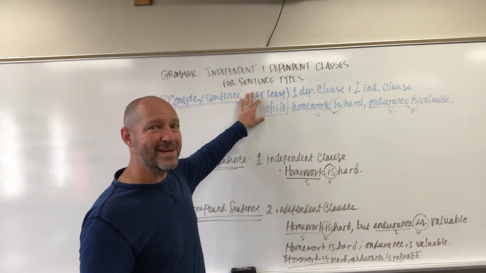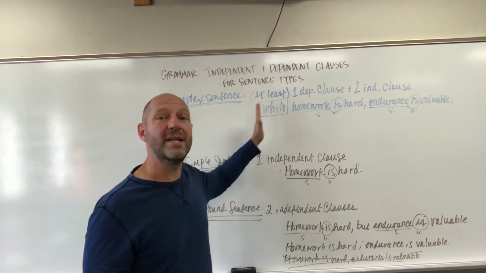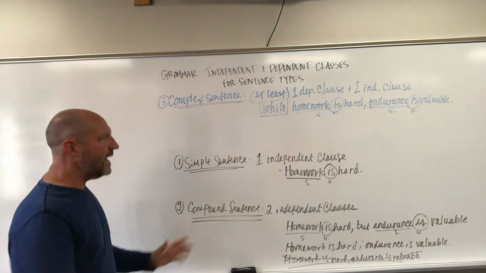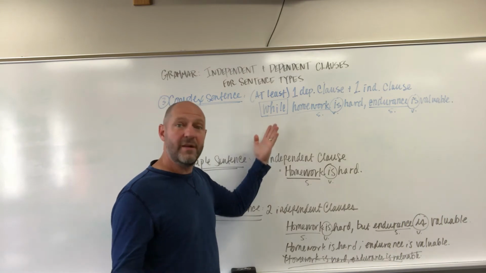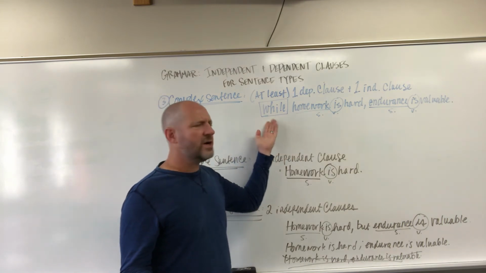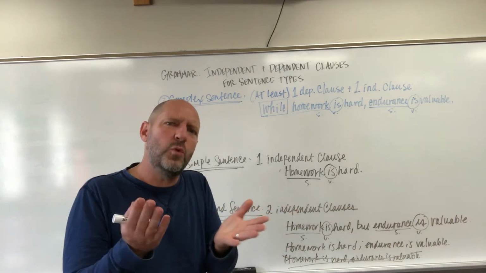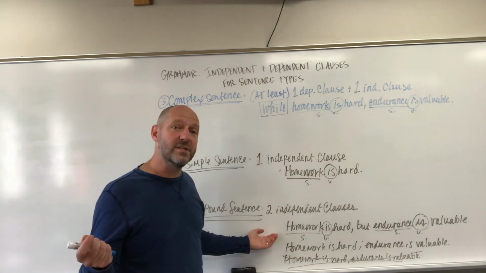And since it is a subordinate clause, it has to be connected to something else. So this is called a subordinating conjunction, all right? And this little sucker right here makes all the difference. But if you think about it, while homework is hard, endurance is valuable, there's a nuanced difference in homework is hard, but endurance is valuable.